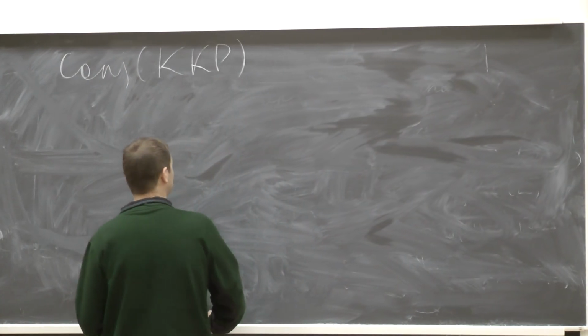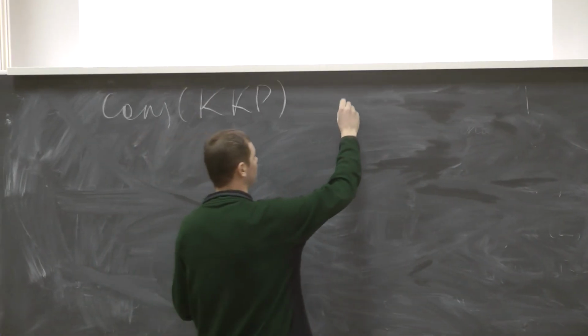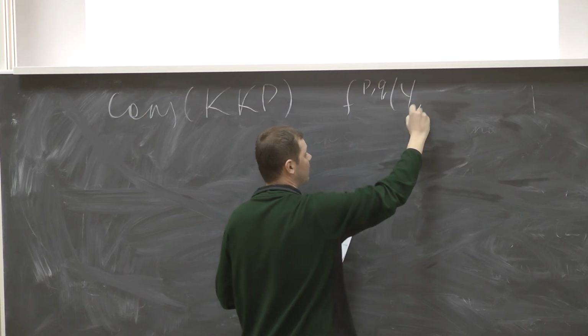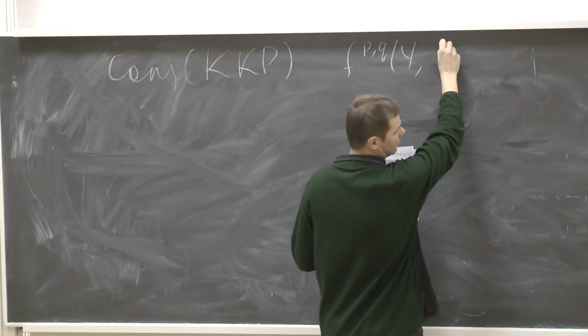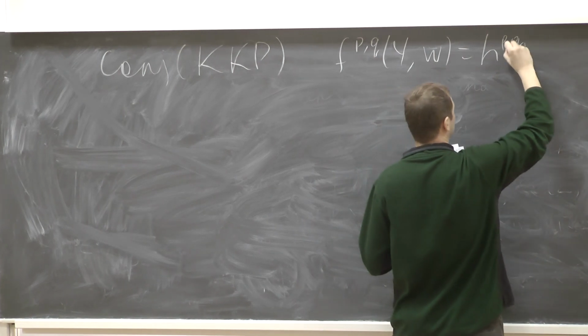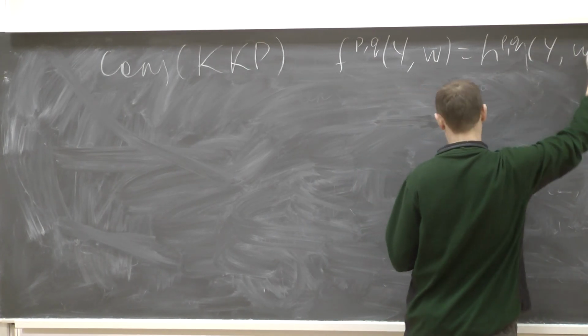Okay. So the first conjecture says that f^{p,q} of (Y, w) is equal to h^{p,q} of (Y, w).